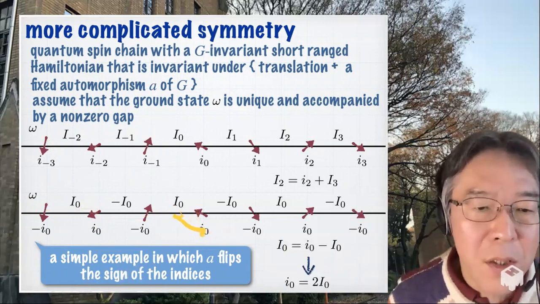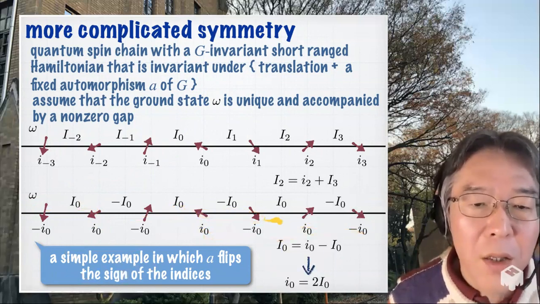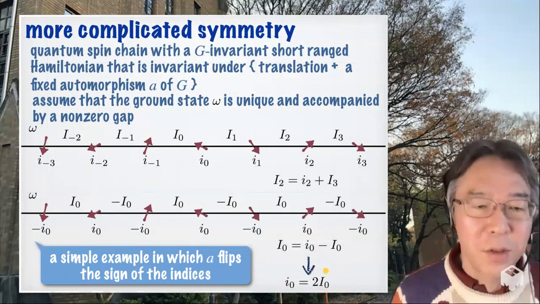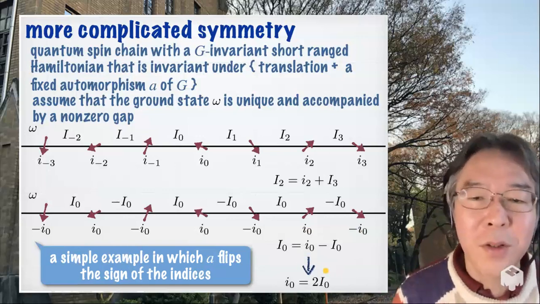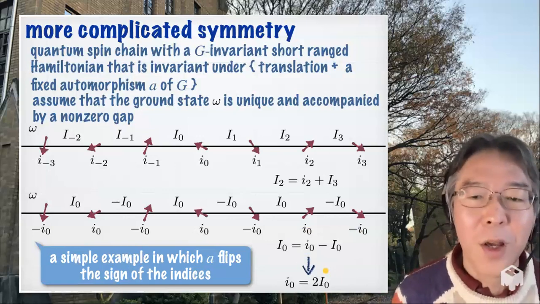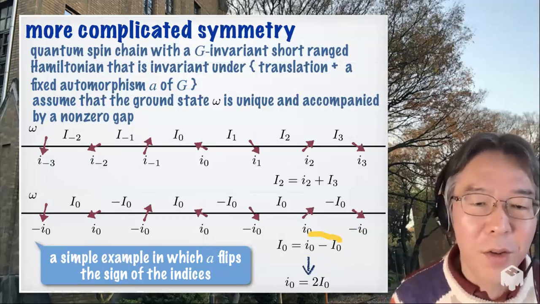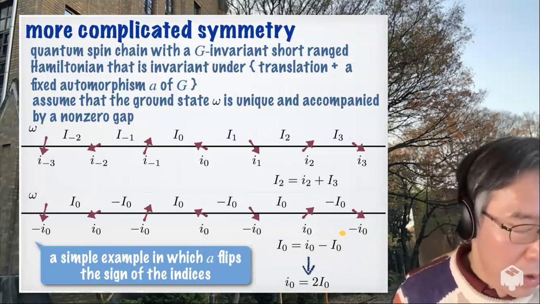So in this case, the indices must be like I0 minus I0, I0 minus I0. And again, the easy mathematics tells you this. So again, this leads to a no-go constraint, a necessary condition and no-go theorem and so on. I'm not going into detail, but you can prove all these theorems very easily by using this kind of junior high school mathematics. Good.